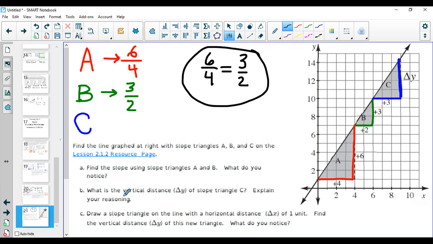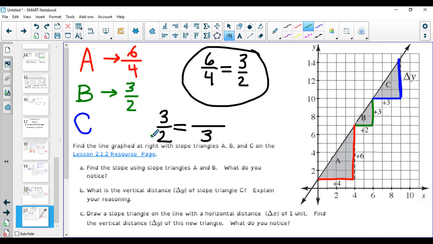So in the next one, it says if we have a horizontal distance of 3, what will our vertical distance be? Well, I know that 3 divided by 2 is our slope. I want to know what that's equal to when my horizontal distance, my change in x, is equal to 3. So if you want to use the idea of a giant 1, what do you multiply 2 by to get 3?